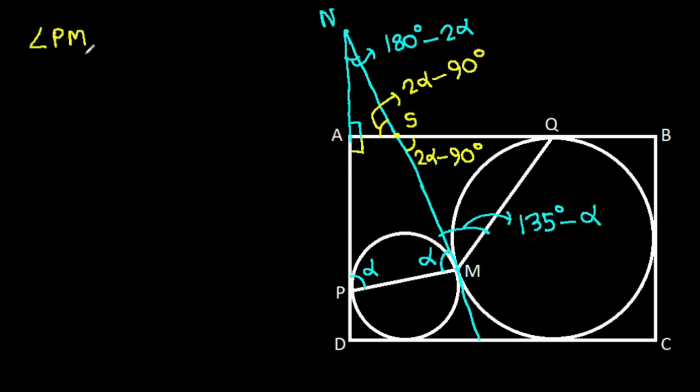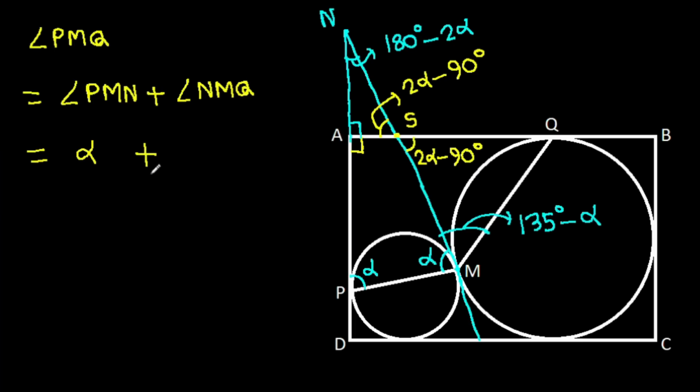and now angle PMQ, it will be equal to angle PMN plus angle NMQ, and angle PMN is alpha plus angle NMQ is 135 degrees minus alpha.